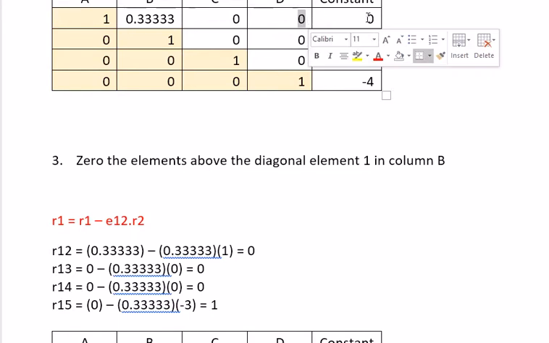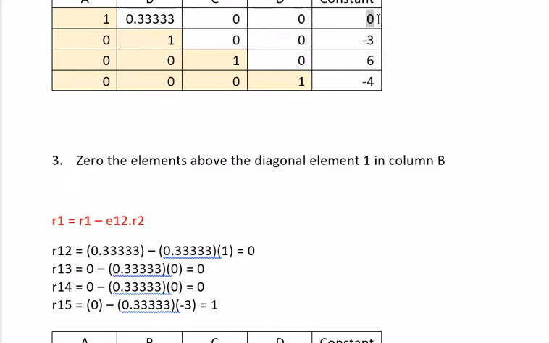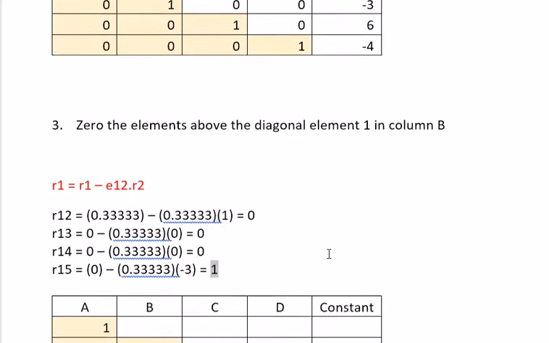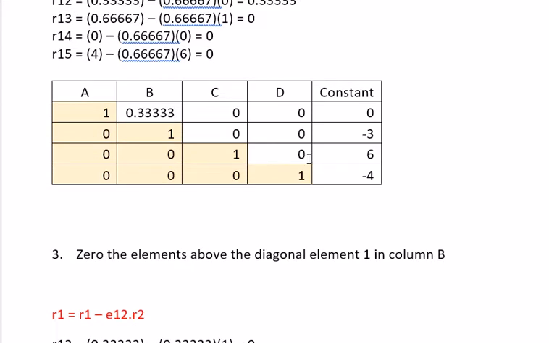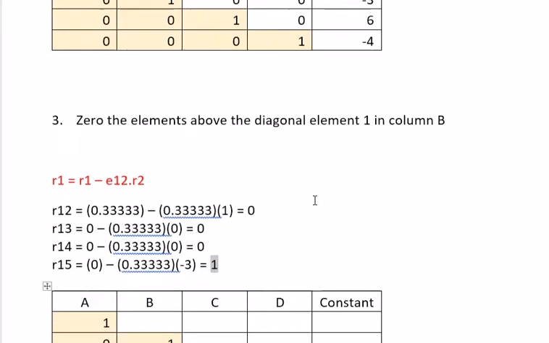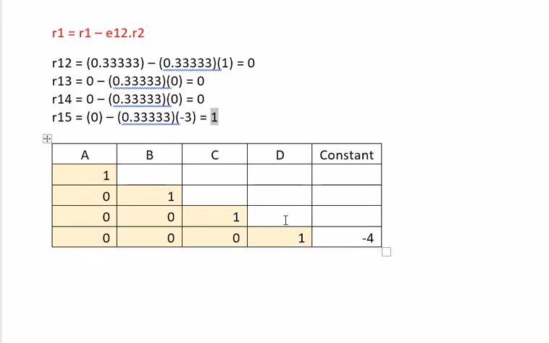And for the constant, that is 0 minus 0.333 times negative 3, so that will give you 1. So the values will be, we already have values here, 0 and 6.